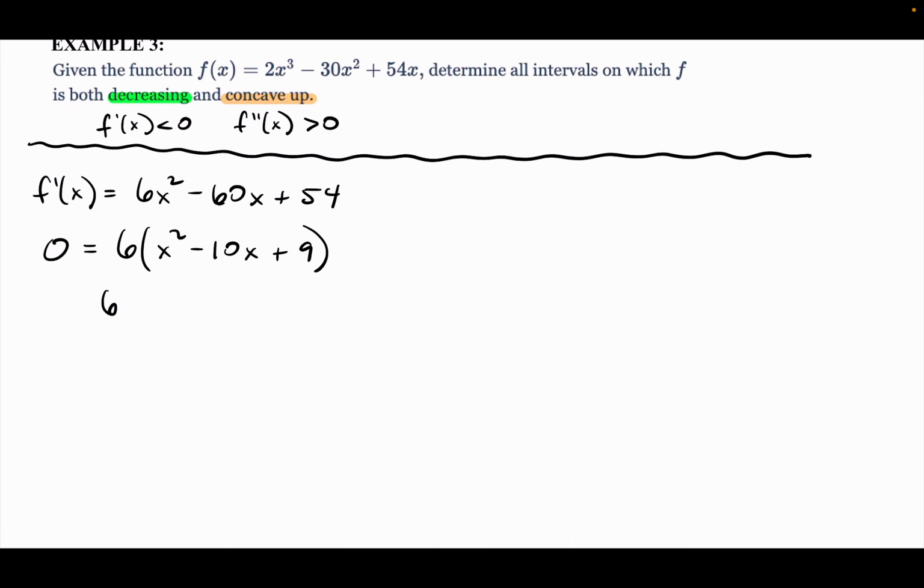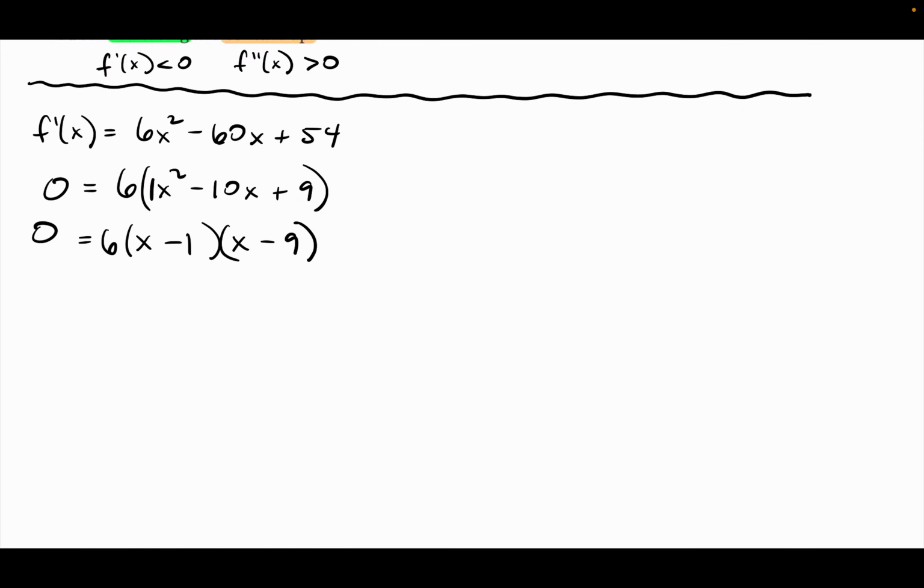Okay, so I'm looking for something that multiplies to be 9, adds to be negative 10. What are the two numbers that multiply to be 9 but add up to be negative 10? Negative 9, negative 1. Yep. And since a is 1, you don't have to divide anything. That's going to be the factored form. Set each of those equal to 0.